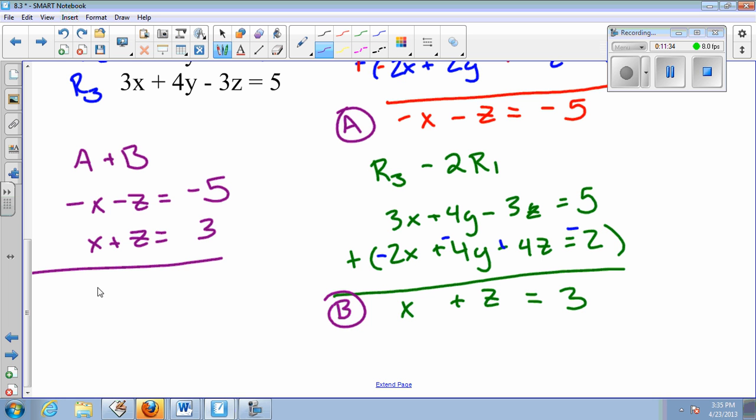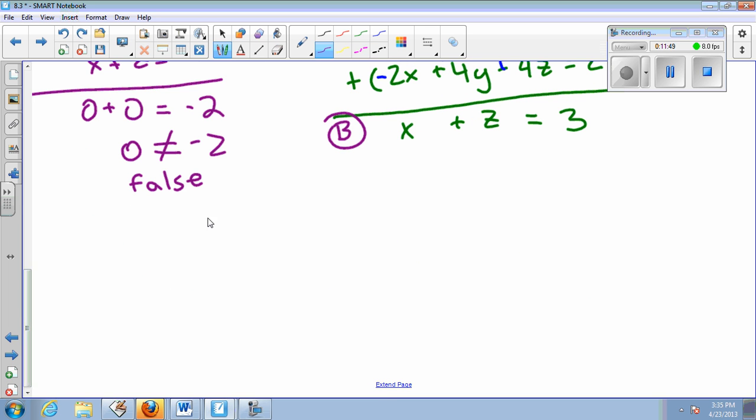Add our two lines together, that goes to 0 plus 0 equals negative 2. 0 does not equal negative 2. This is false. And we know from 8.2 that when it is false, there are no solutions. That the lines are parallel.